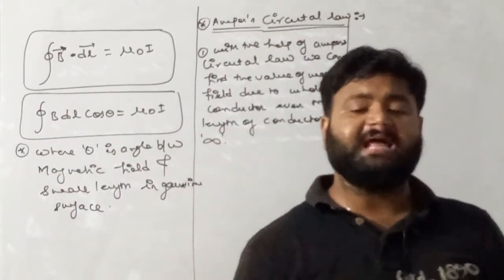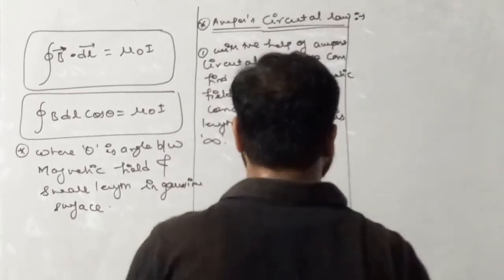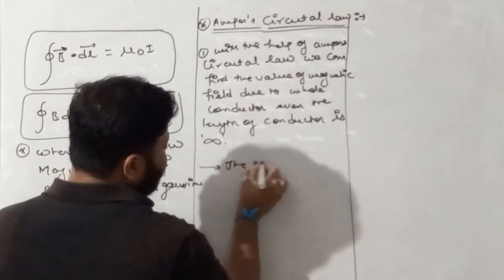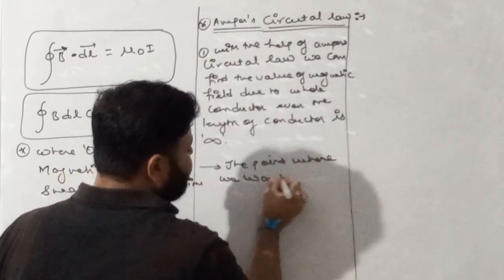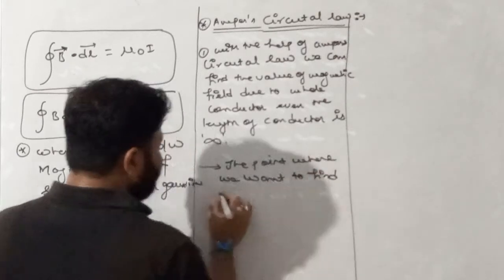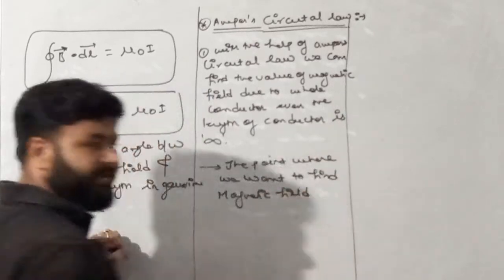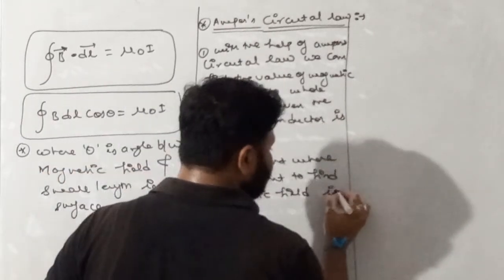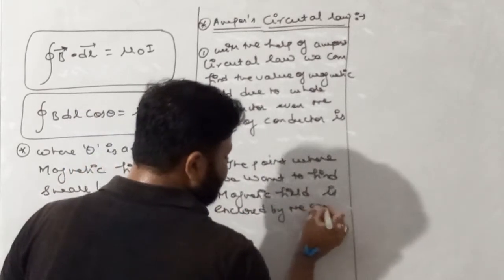See my dear students, like Gauss's law, Ampere's circuital law is also defined with the help of a Gaussian surface. So please write down: the point where we want to find the magnetic field is enclosed by the Gaussian surface.